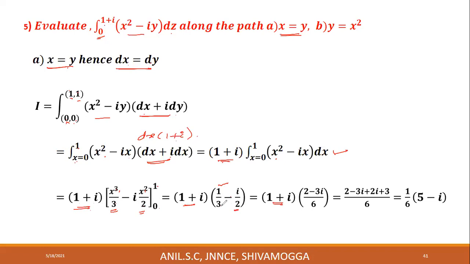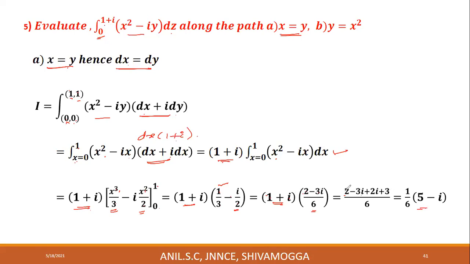You take 2 into 3, 6 as LCM, and what you get in the numerator is 1 into 2, 2 minus i into 3, 3i. 1 into 2 is 2. 1 into minus 3i is minus 3i. i into 2 is 2i. i into minus 3i is minus 3i square, but i square is minus 1, so minus 3 into minus 1 is plus 3.